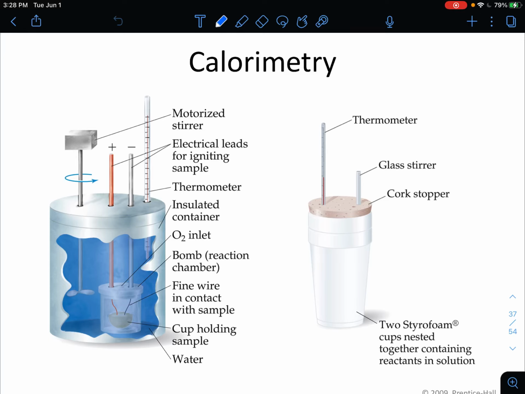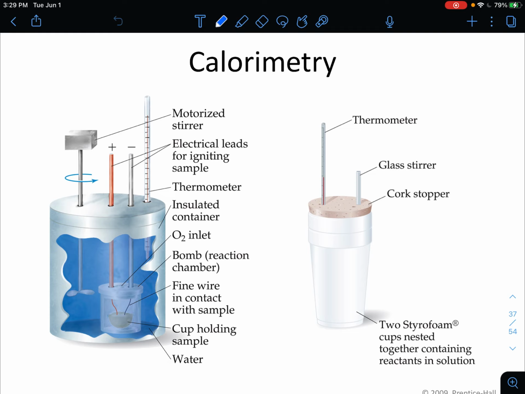So we're going to wrap up chapter 5 with this video where we'll talk a little bit about calorimetry, heat capacity, specific heat, and start to see some of the calculations that go along with it. So these are two different types of calorimeters.